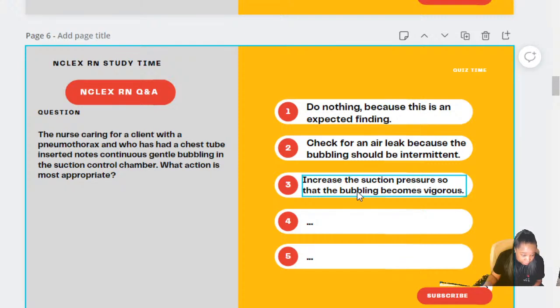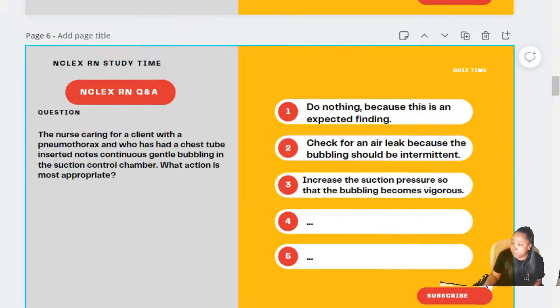First, you have to troubleshoot, which means you look to see where the problem comes from. And if you increase the suction pressure, the bubbling will become vigorous. This is not good. You had a gentle bubbling, and now you're going to have excessive bubbling. So that cannot be the answer.